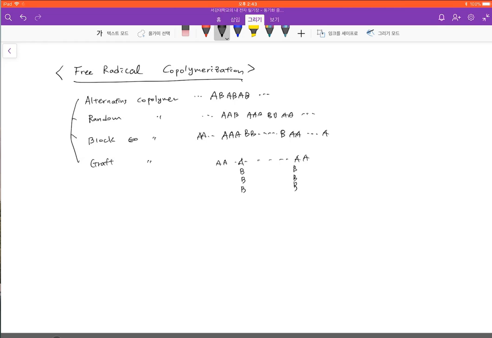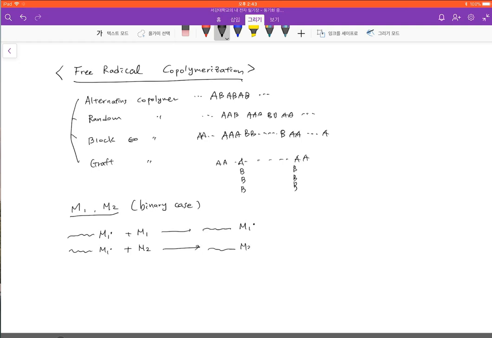All right. So how can you make different kinds of copolymers? To deal with copolymerization by free radical polymerization, we'll consider only the binary case. So basically there are two different kinds of monomer, M1 and M2. So there are four possible reactions. Radical ending with M1 radical reacts with M1, forming another M1 radical.